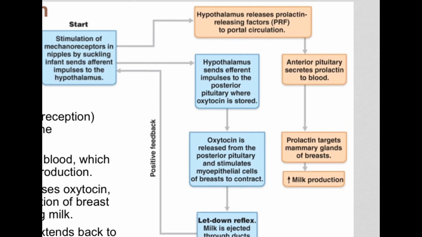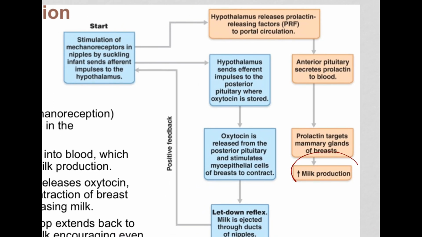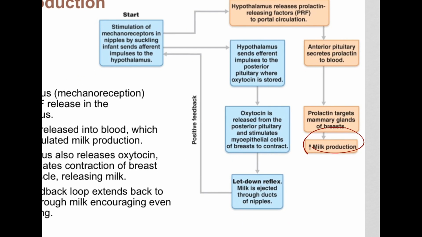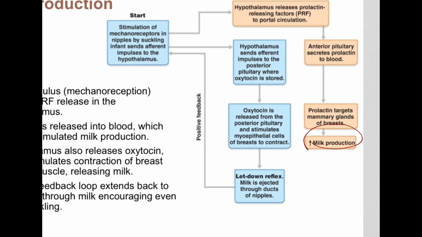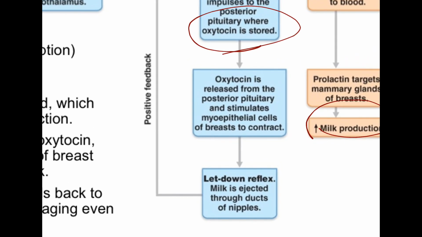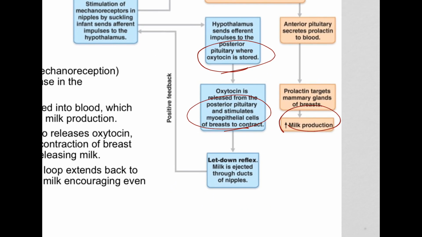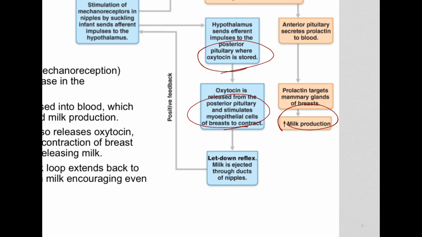Prolactin for stimulating or encouraging lactation. Okay. This will increase milk production, and at the same time, it's also going to stimulate oxytocin. And just like oxytocin stimulated uterine contractions during birth, now it's playing a slightly different role, but it's still stimulating contraction. Instead of stimulating the muscle around the uterus, it's stimulating the muscle tissue around the ducts of the mammary gland. This is what's called the letdown reflex.